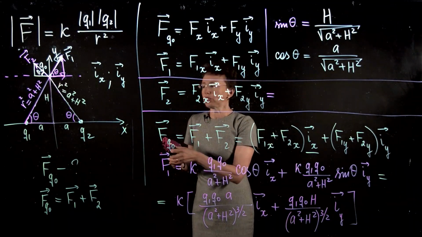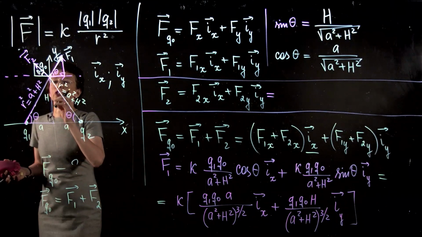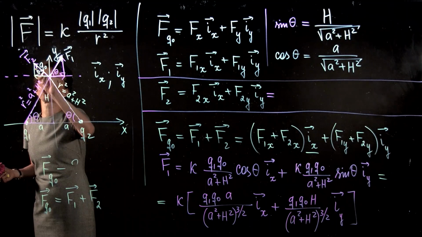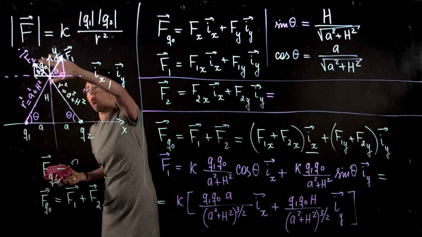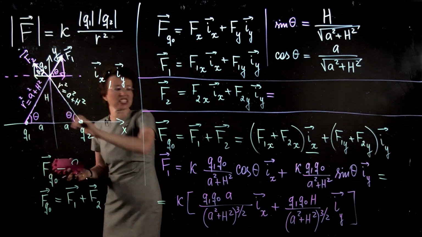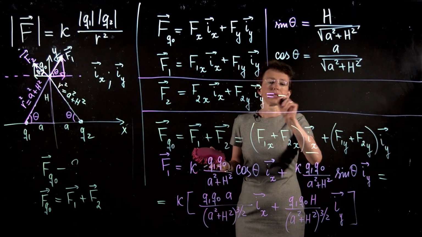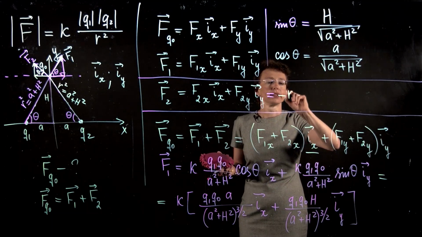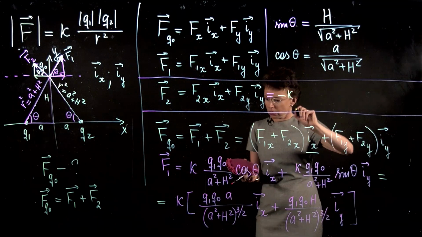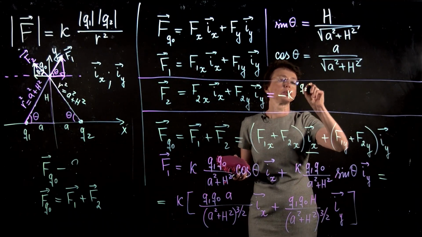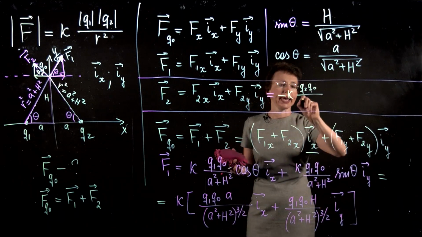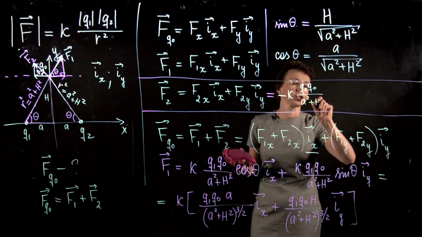So what is F2x? First question, positive or negative? It will be along the negative direction of x. So the projection of F2 on x will be negative. I put minus. Minus k, and then the product of the charges q2, q naught, divided by the distance between them squared, which is a squared plus h squared.